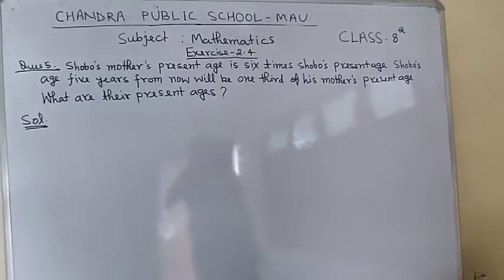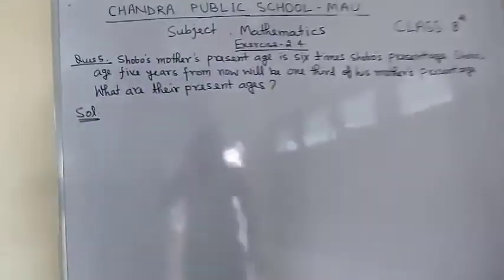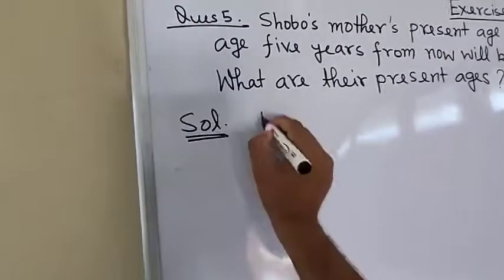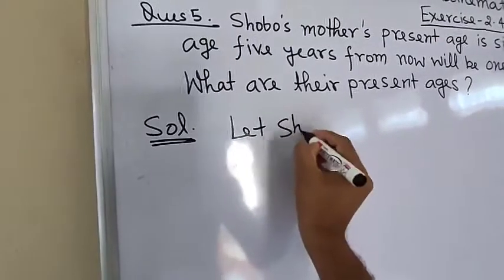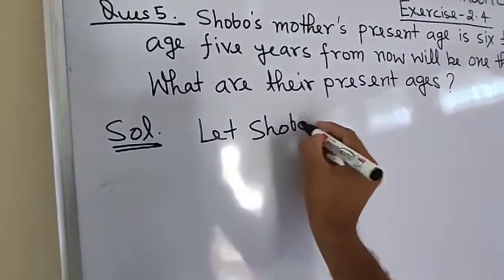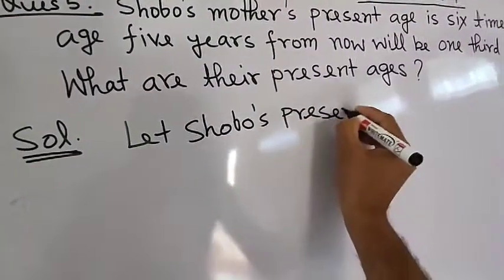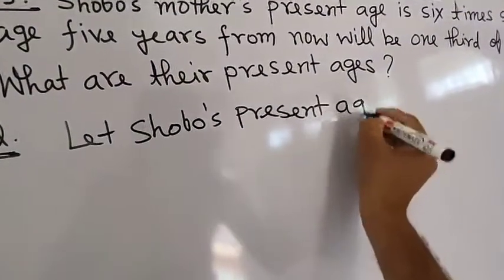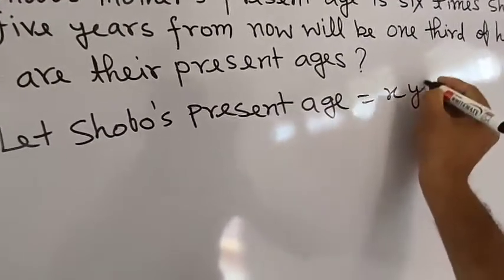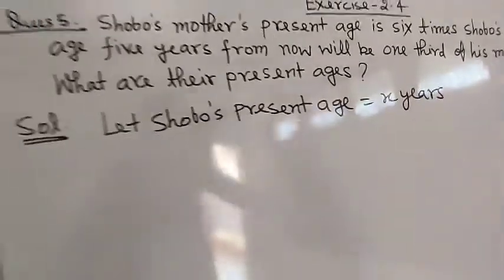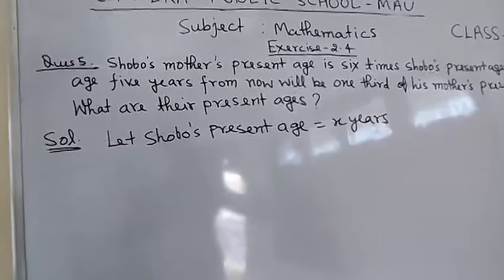So here I will take the variable for suppose present age. Let suppose present age equal to x years. So here I have taken the variable x for the age of suppose.